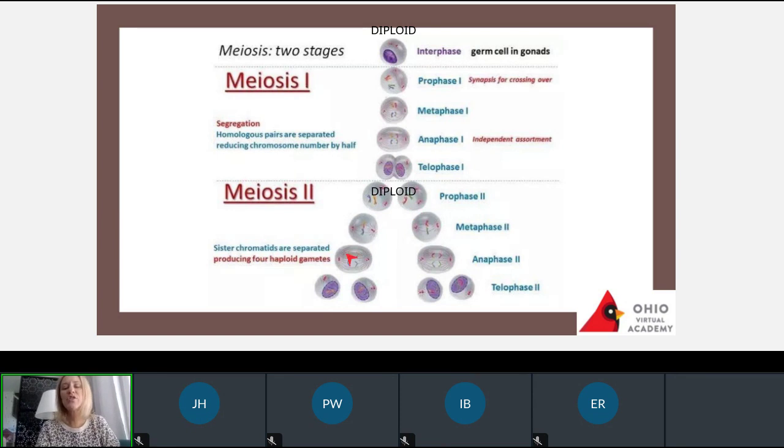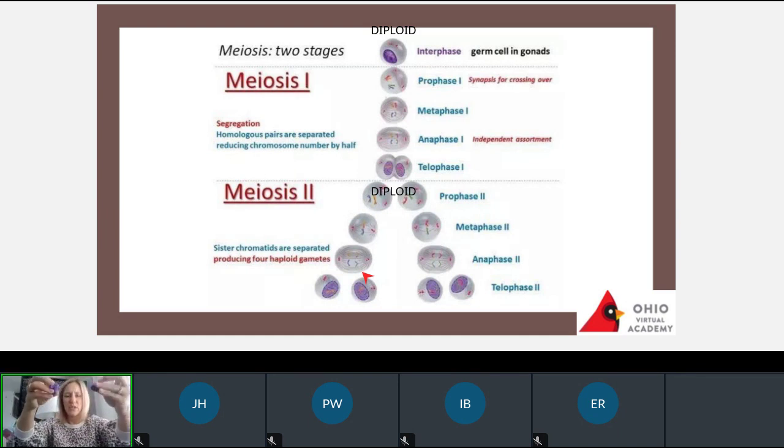In meiosis 2, we divide and then we divide again. All right? So if you think about it in that regard, it's like you have one whole cell, and I'm not adding any more Play-Doh to this. So I'm cutting it in half, right?